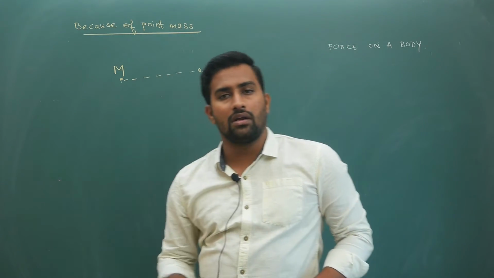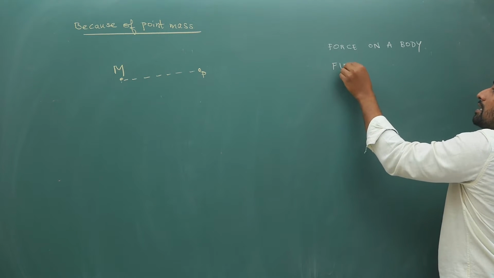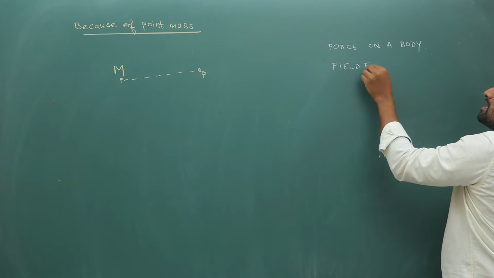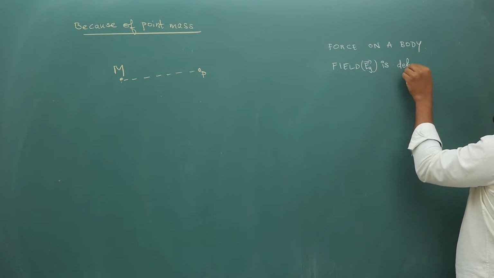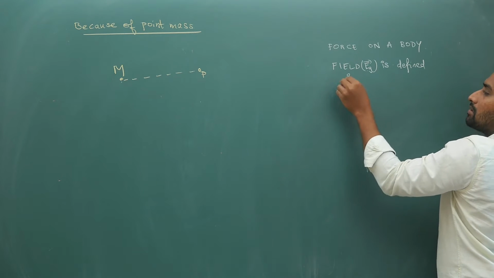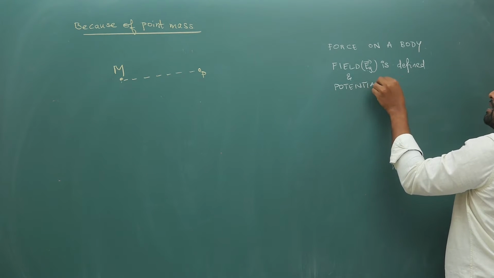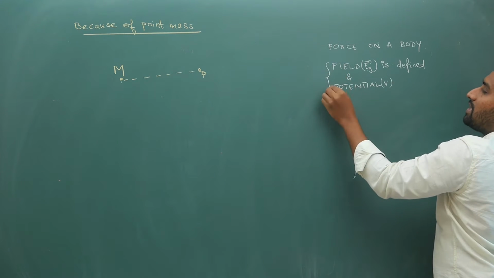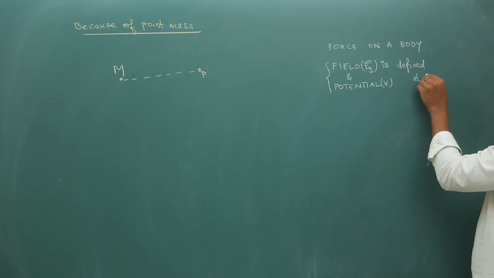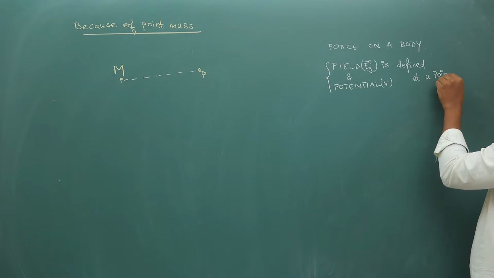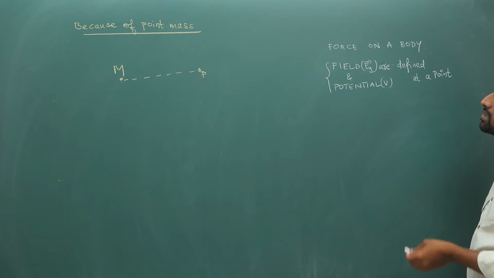Next, field, represented by Eg, is defined at a point, and also potential, represented by symbol V. So field and potential are defined at a point, while force is on a body.